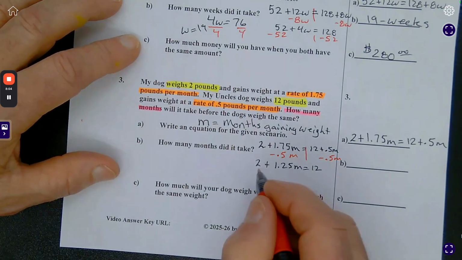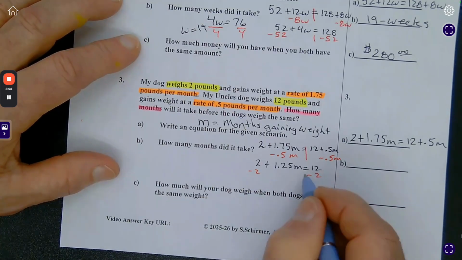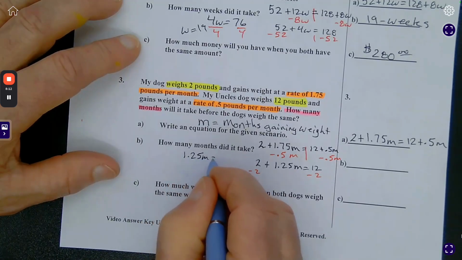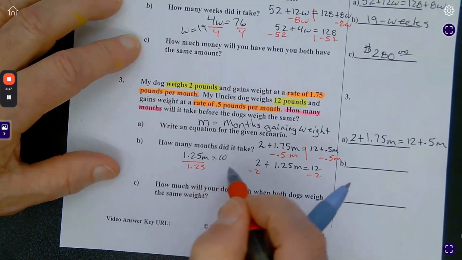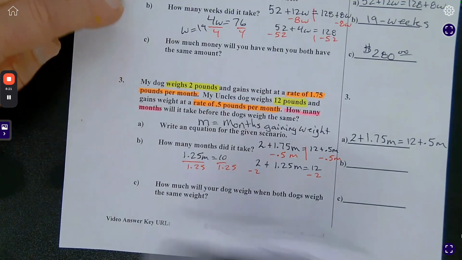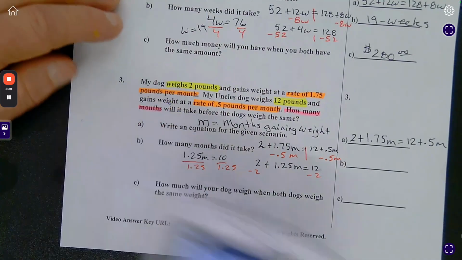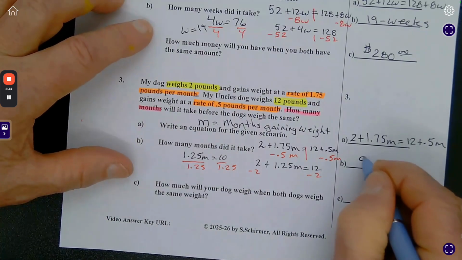Now I'm going to subtract 2 from both sides, and I get 1.25M is equal to 10. Divide both sides by 1.25. I'm not sure this is going to happen evenly, but let's check it out. So I have 10 divided by 1.25. Oh, it did happen. 8. That's awesome. So 8 months.